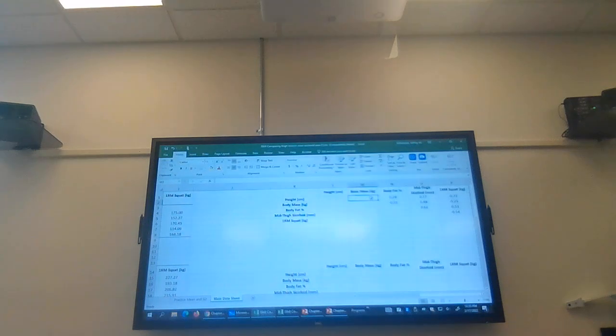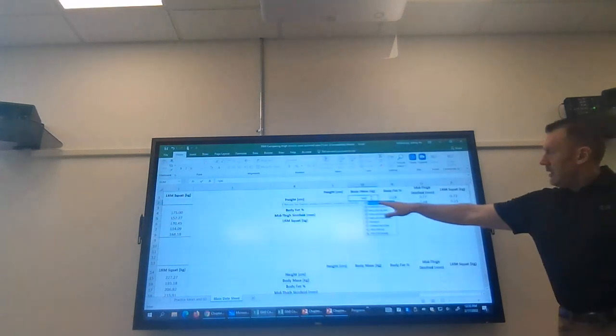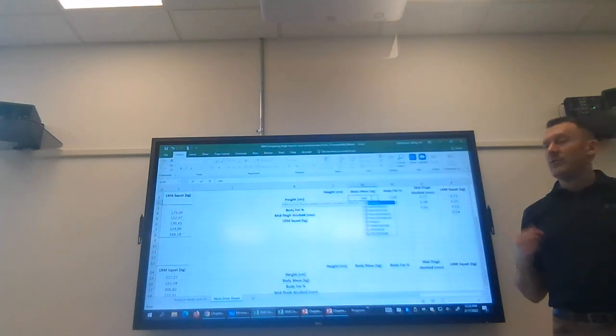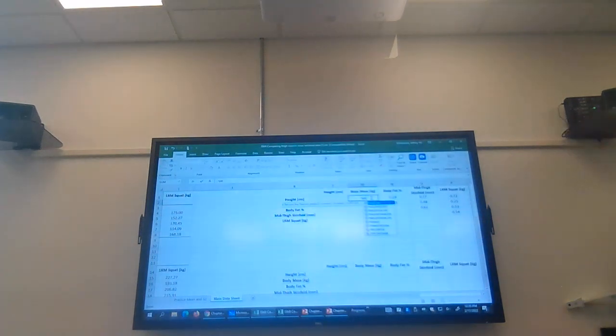So what's the first thing we always do? Equals. Yes, that's right. Now because we use Pearson most often, you can just begin typing in Pearson, and you'll see that it comes up. So it knows exactly what we're trying to do here.